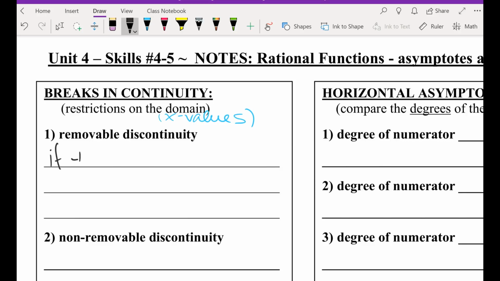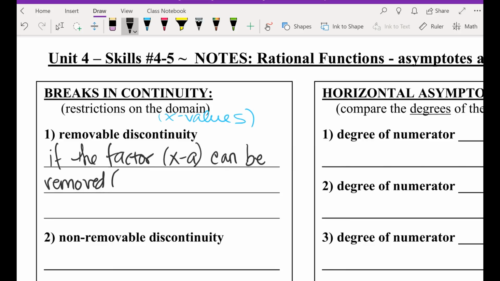If the factor x minus a can be removed, so it can be canceled out, and you can put in parentheses canceled out, and you'll see examples of what this means as we go through the notes.